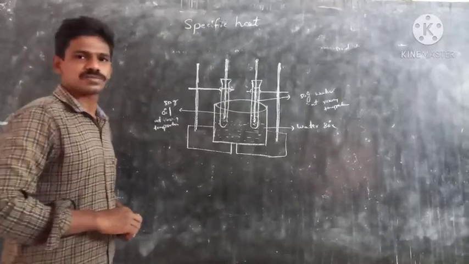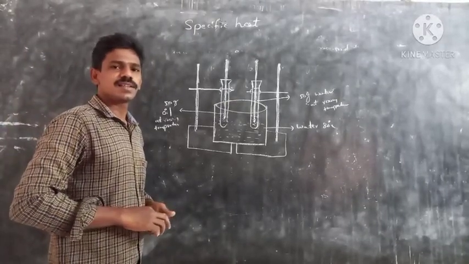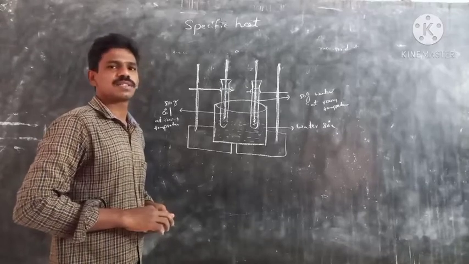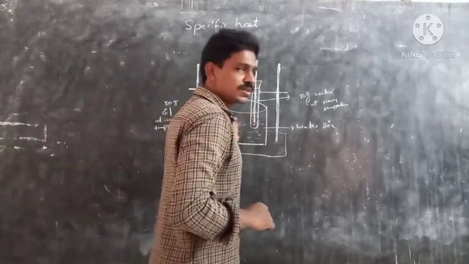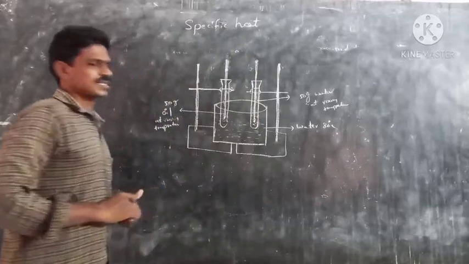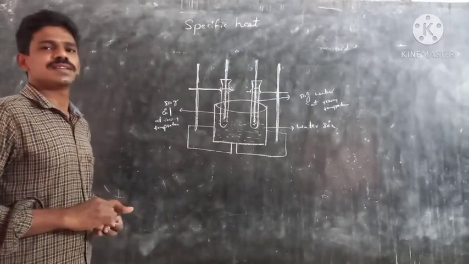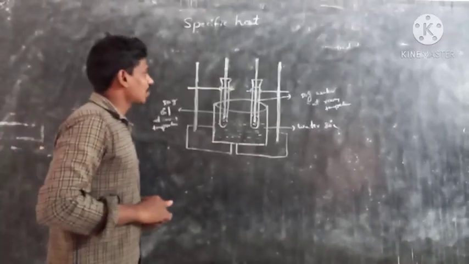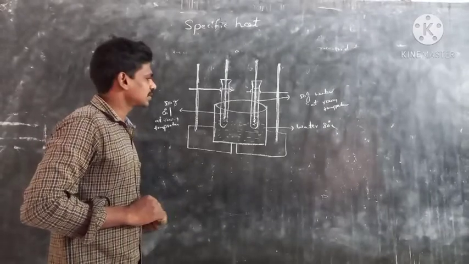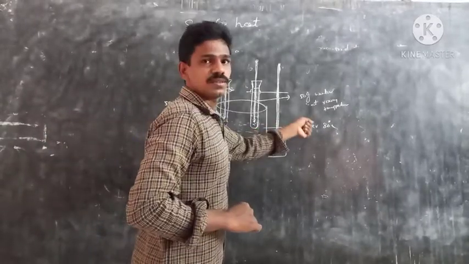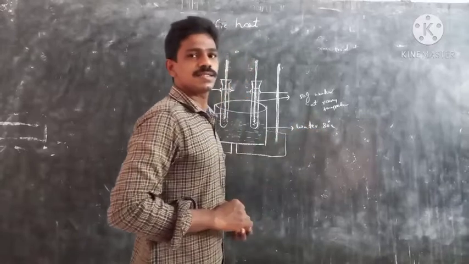Here we raise a doubt. Are we supplying the same heat energy to both test tubes? Yes, we supplied the same heat energy because we have kept both test tubes in the jar of hot water at 80 degrees centigrade.